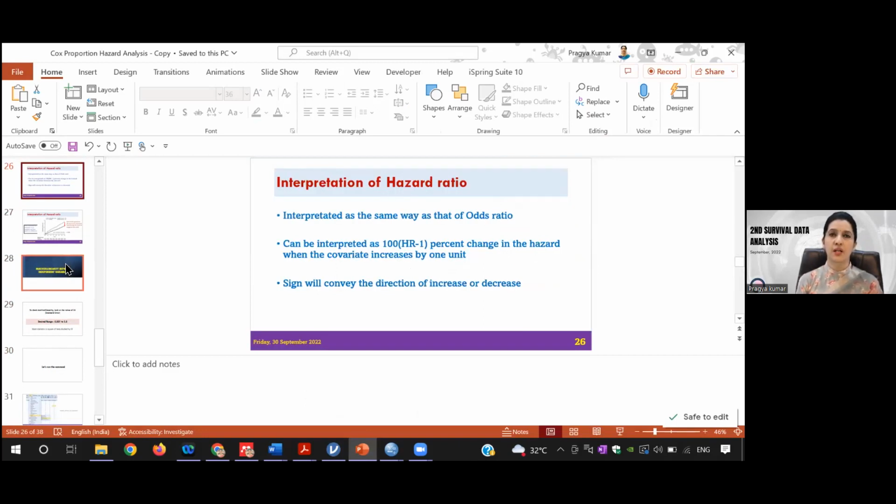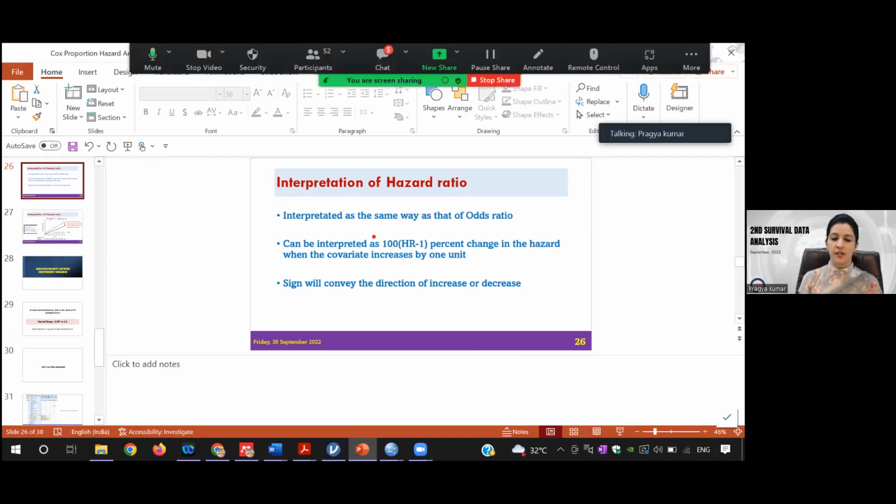That is just to convert this fraction into a percentage. It is just a way of interpretation that we did in the logistic regression. So it tells the percentage change in the hazard when the covariate increases by 1 unit.